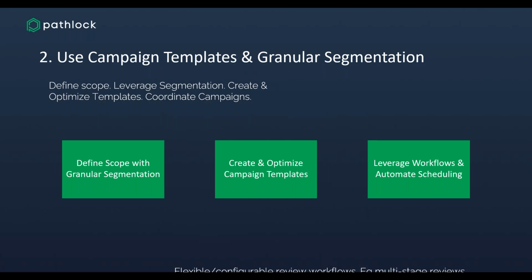The campaigns can be scheduled to be run periodically, or they can be run in an ad hoc manner, but we also have flexible workflows, which means we can support multi-stage reviews involving user managers, line managers, risk owners, role owners as part of the review workflow.